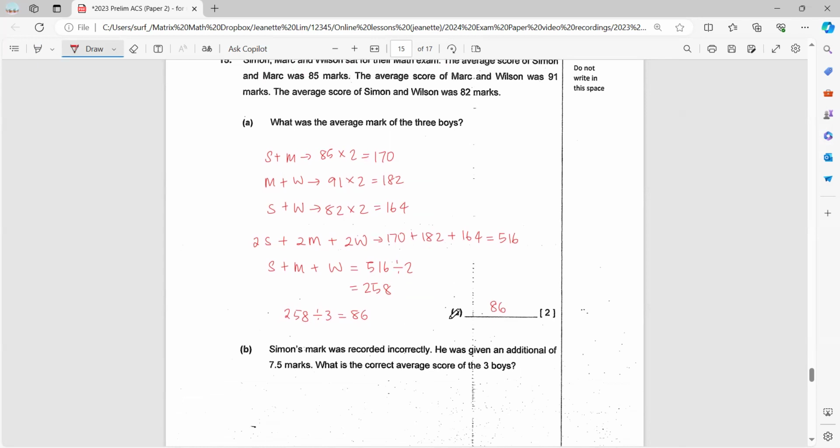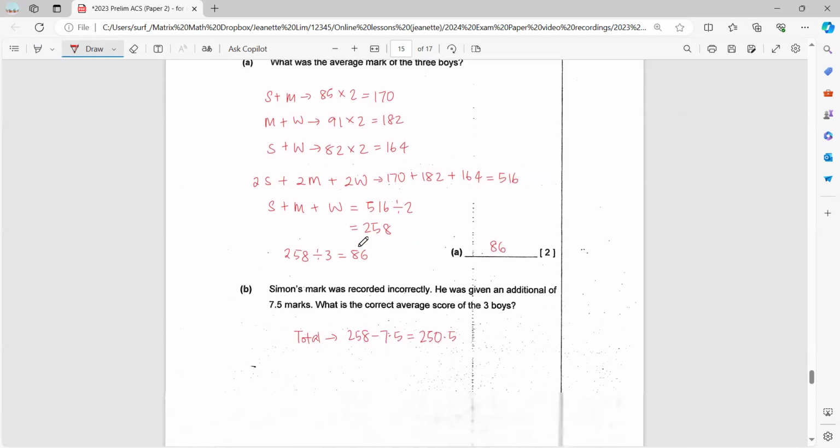So to find out the new average, you have to work with the total. So this total is 258 originally, but then actually he was given extra points, right? So the total should have been lesser. So this total is 258 minus 7.5, 250.5.